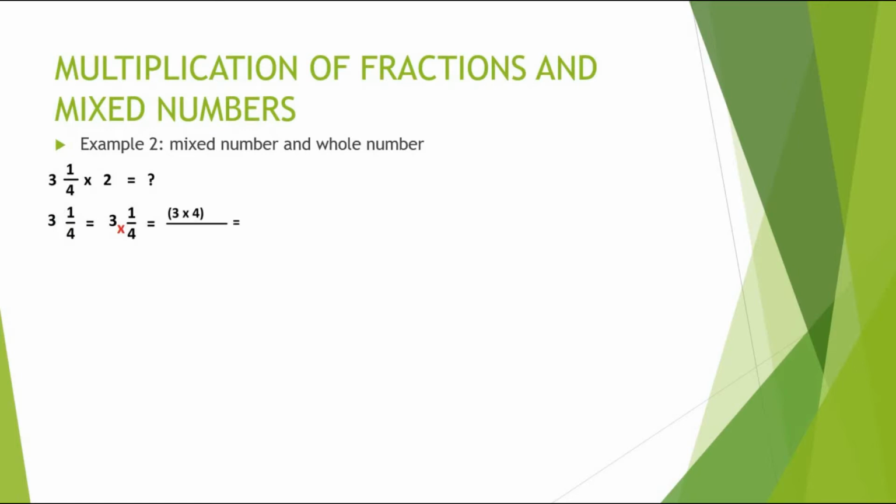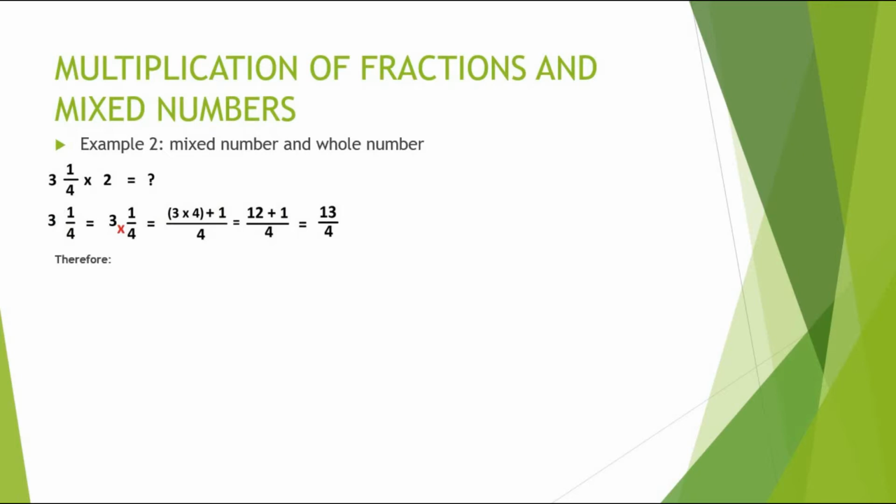So, it will be 3 times 4 plus 1 all over 4, which is then equal to 3 times 4 is equals to 12 plus 1 all over 4. So, 12 plus 1 is equals to 13 and the denominator is again 4.